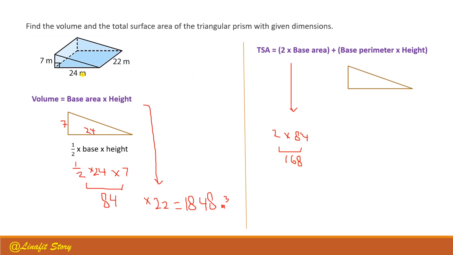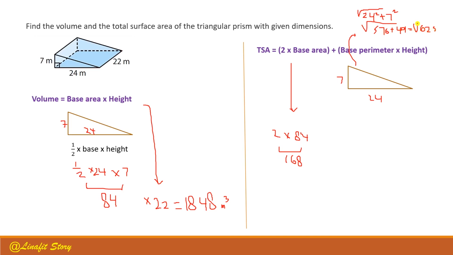The base of the triangle is 24 and the height of the triangle is 7. Now we will find the longest side of this triangle. So the square root of 24 squared plus 7 squared is equal to 576 plus 49 is equal to 625.